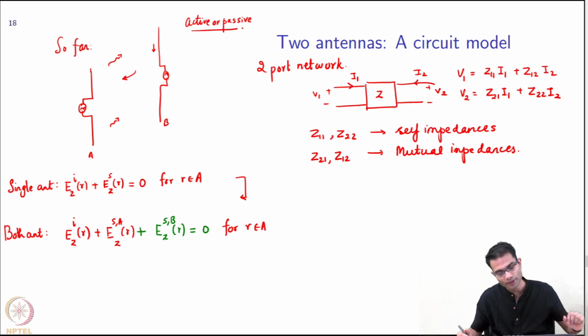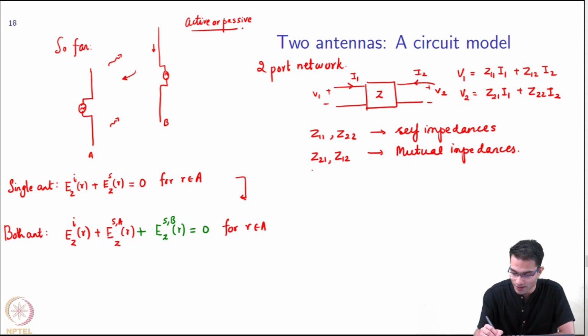From an antenna or a circuit designer's point of view, what is the impedance that he or she needs to match? Is it Z11, Z22 or what? It's neither Z11 nor Z12. It's Z in, so that is V1 by I1 at port 1.